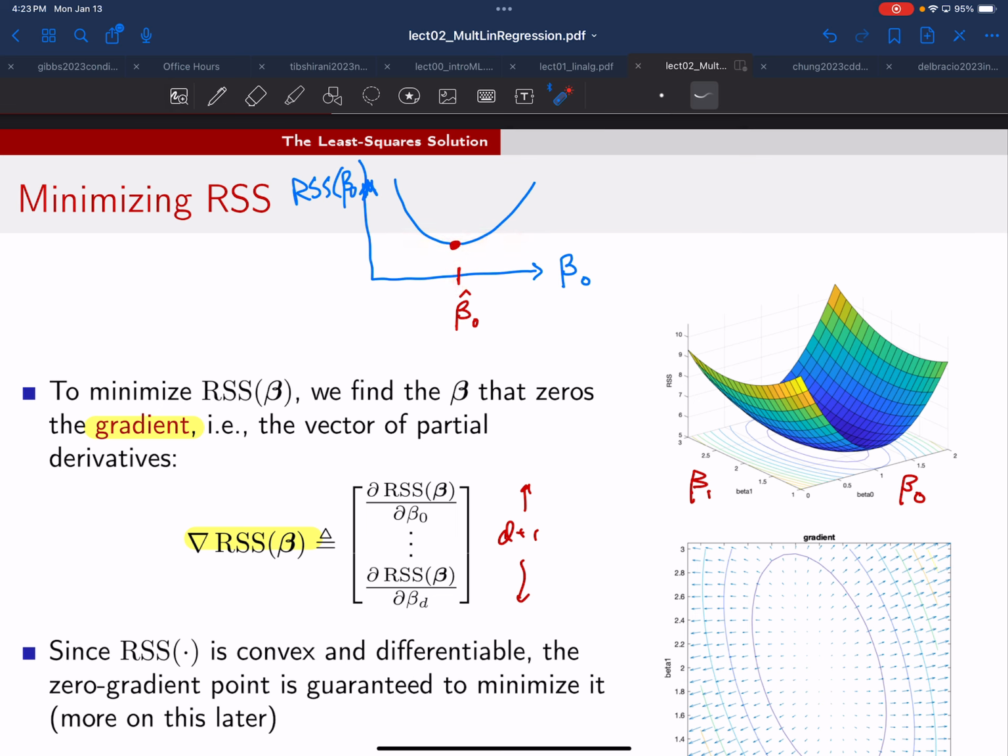So what we want to do is find the value of the beta vector that makes this entire gradient vector 0. And once it's 0, what does that represent? That means that we are at the bottom of our cost function, our RSS. We have found the betas that are at the RSS minimizing point, which is what we're trying to do.